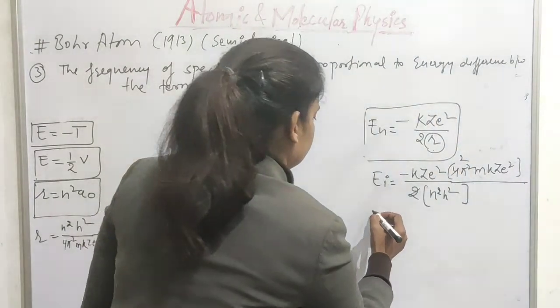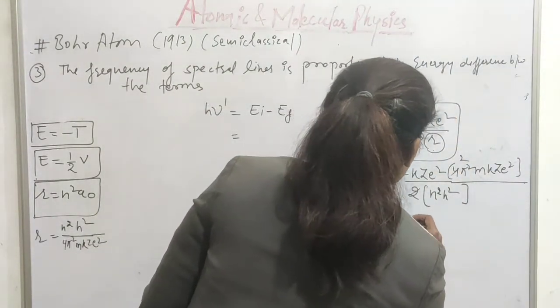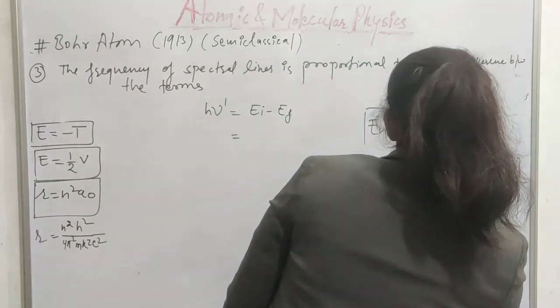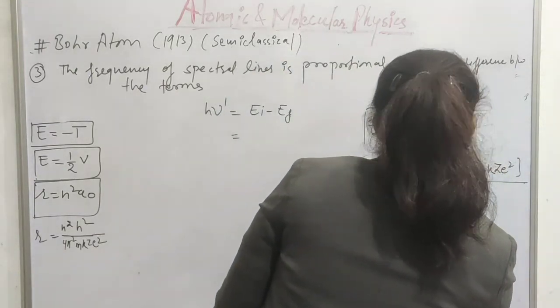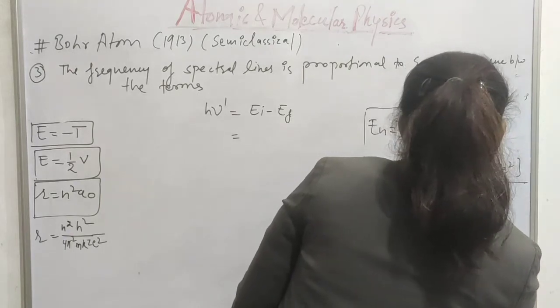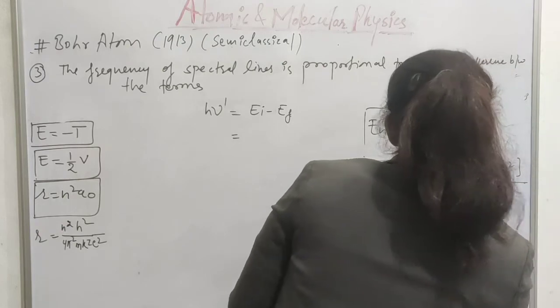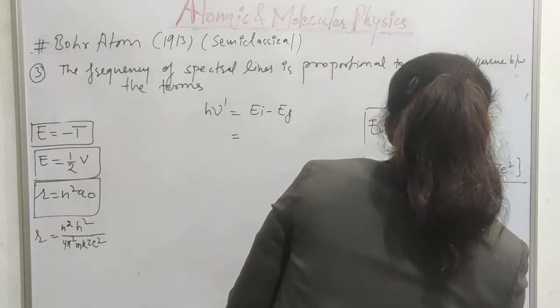By cancelling and sorting out, we have Ei is equal to minus of k Z e square, twice, over Z e square pi square m k z square e raised to the power 4.